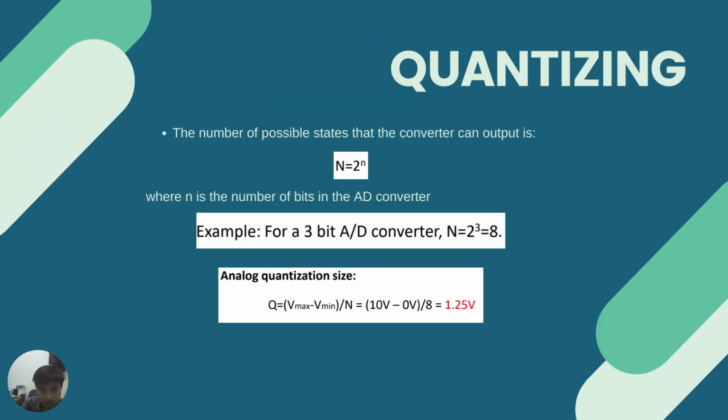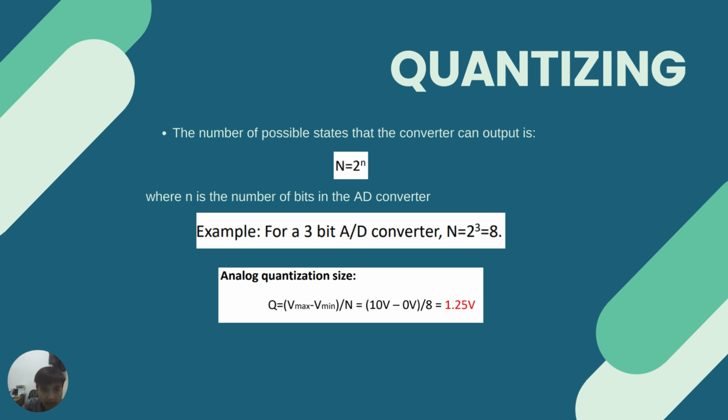This is the formula for quantizing. For example, we have 3 bits, and we put the 3 bits into this formula: N is equal to 2 to the power of 3, so it's equal to 8.